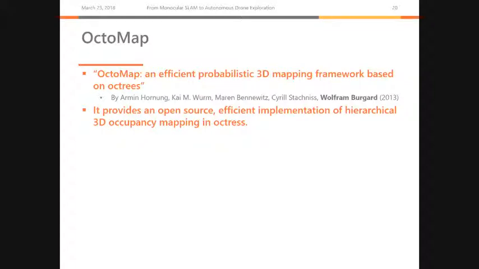For the center, you put it at the root of the tree, and each neighborhood becomes a branch of the tree. So this is called an octree, and they use octrees for the representation of the environment. To implement this, they use Octomap, which is an open source, efficient implementation of this method.